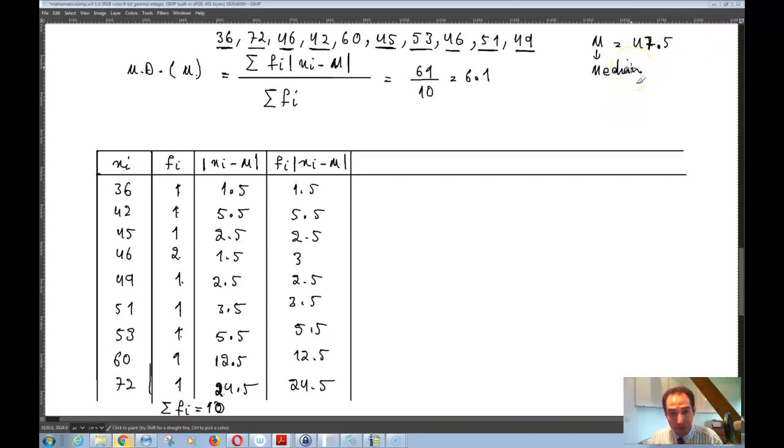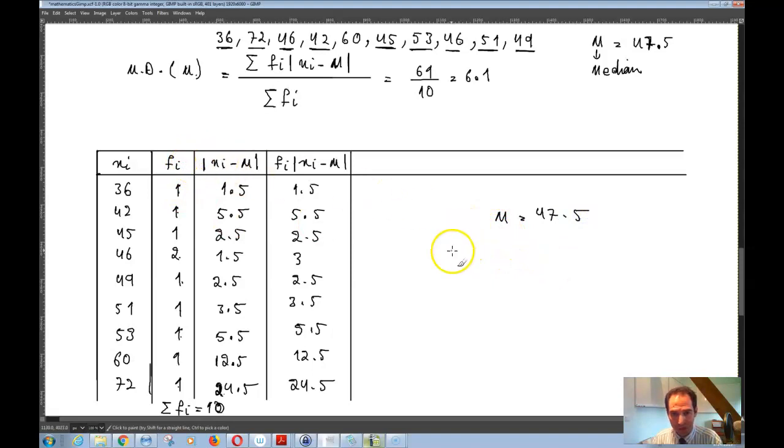The median is correct. Now, what we need to do is find x sub I minus m. And I think they have made some sort of mistake over here in calculation. So, for example, 36 minus... in order to simplify your calculation here, you see that your m is equal to 47.5.